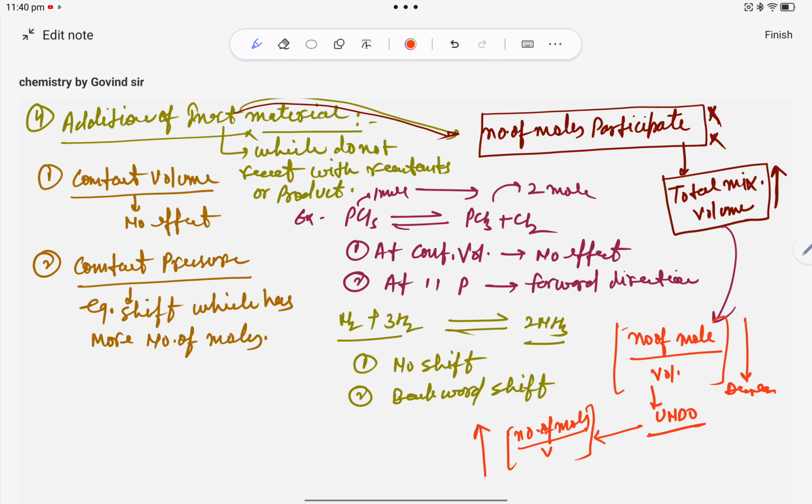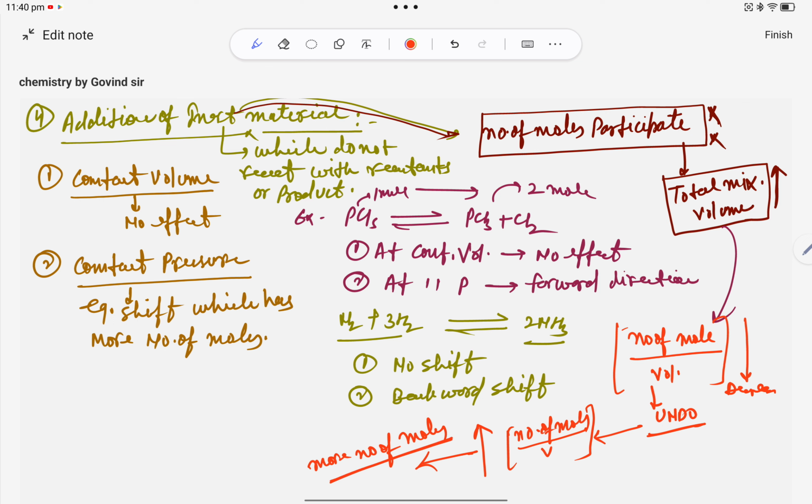So where will it shift? Toward the side which has more number of moles.